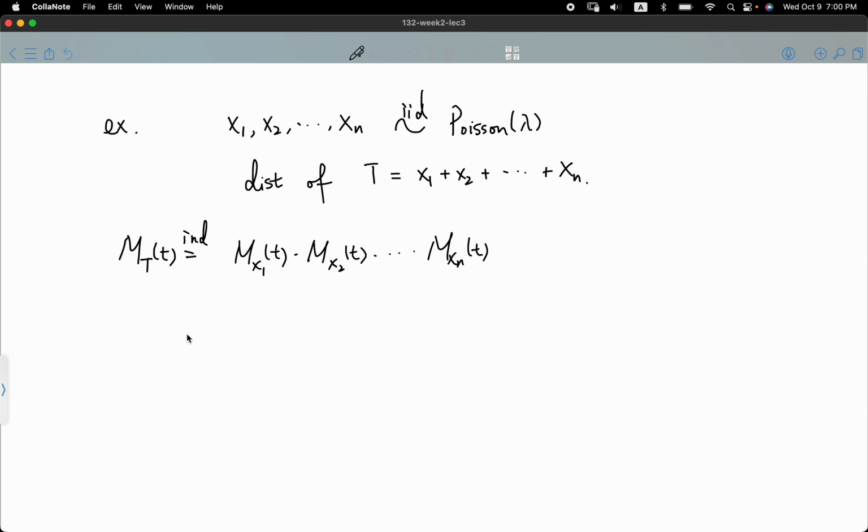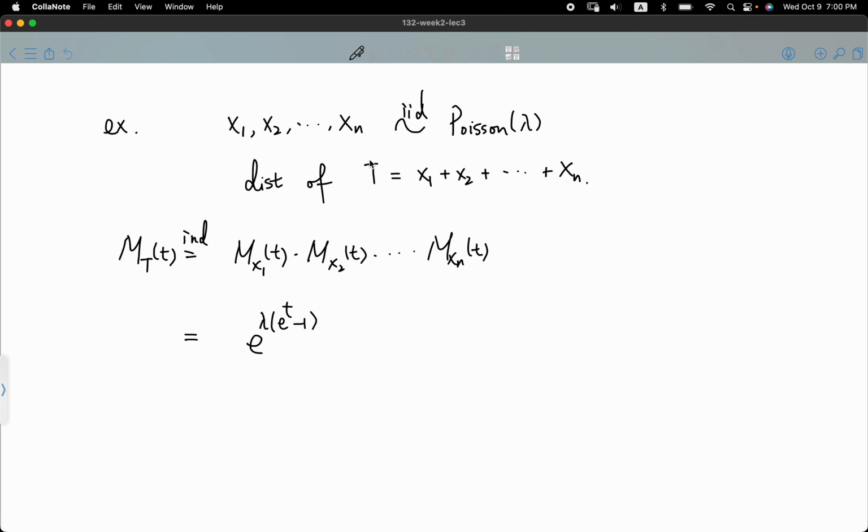And now we can write down the moment-generating function for the Poisson distribution again, which is exp(lambda (e^t - 1)). And this is for one copy of the random variable that has a parameter of lambda.